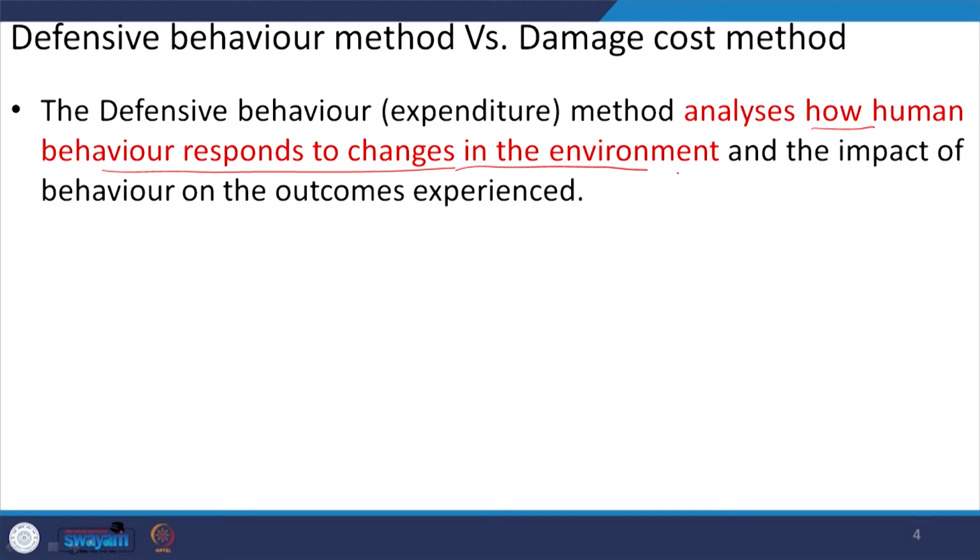Whether you are not exposing your children to the outdoors, or you are making some expenditures like fitting some sound system, or insulating your house so that outside noise cannot enter. When the environment changes, your behavior also changes. So, this is what we are analyzing: how human behavior responds to the change in environment, and what is the impact of this behavior on the outcome experienced, that is, obviously, you need to increase your utility.